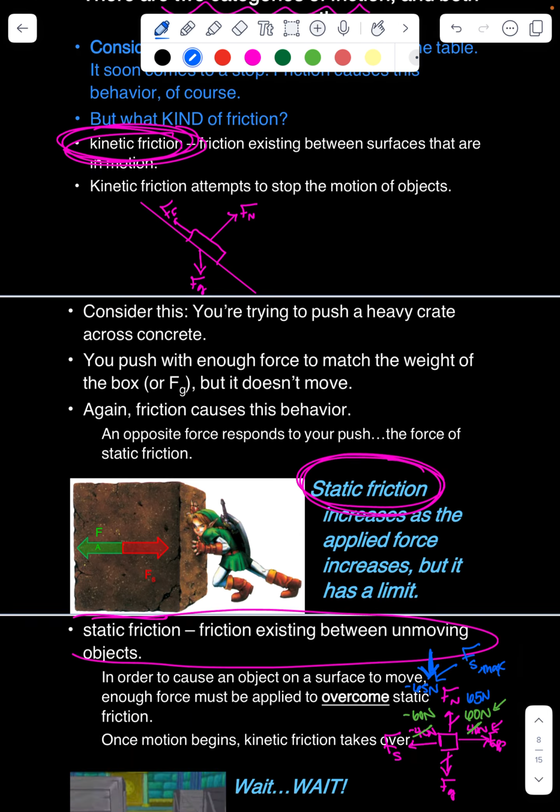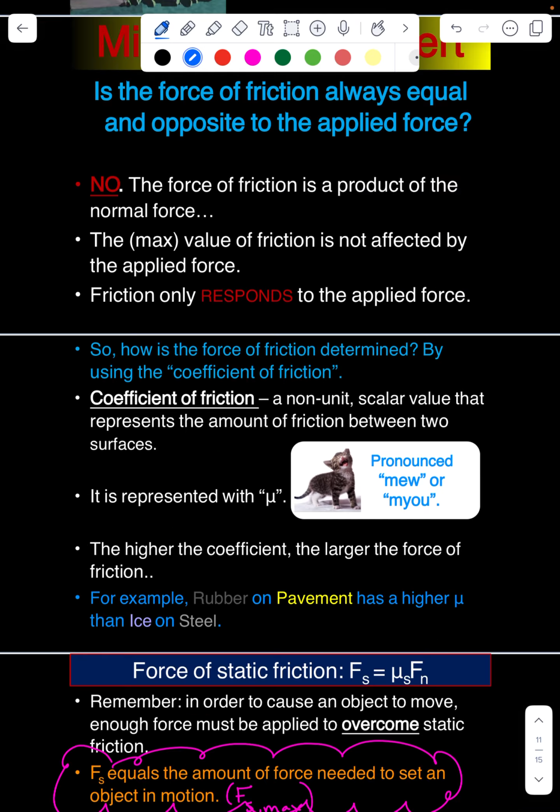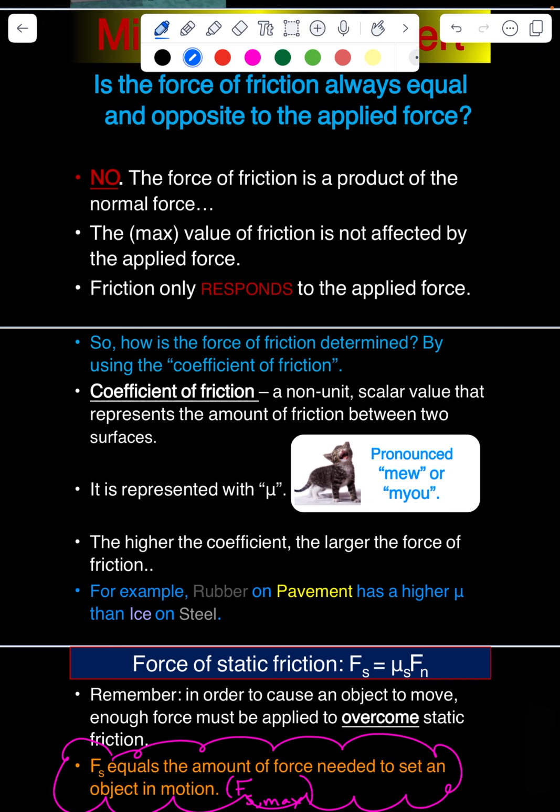I'm so glad you asked. This is determined by using something called the coefficient of friction. Its symbol is the lowercase Greek letter mu, a u with a hook on the front.